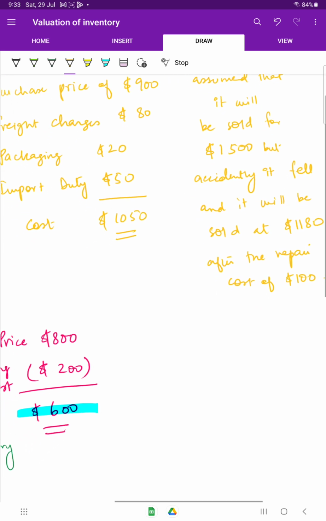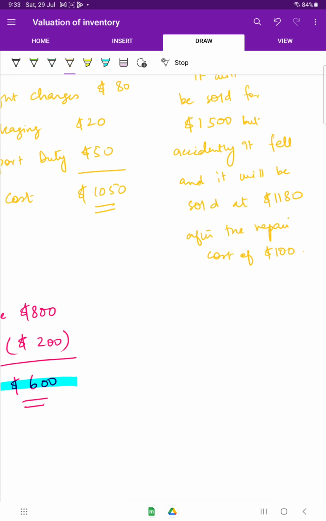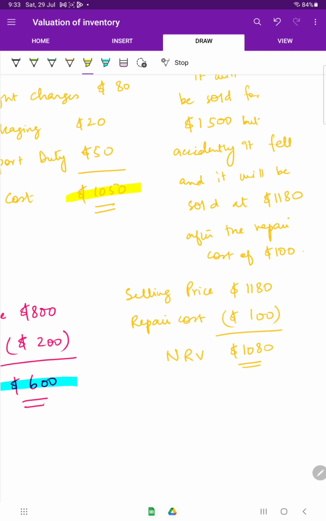So I know my cost. What will be my NRV? My NRV will be selling price is $1180. What are my repair costs? My repair costs are $100. I'll subtract that, I'll get 1080. Right? This is my net realizable value. Now I will compare these two and I'll see which one is lower and I'll choose that.